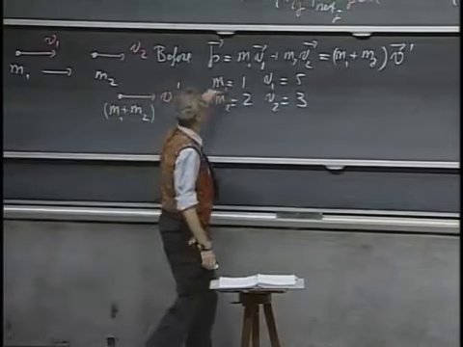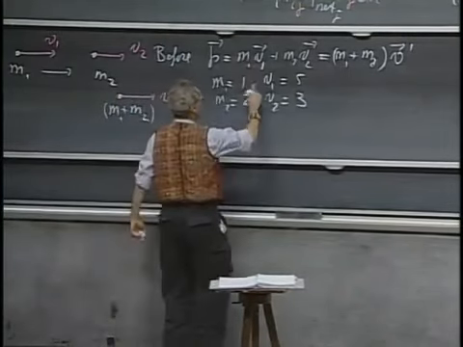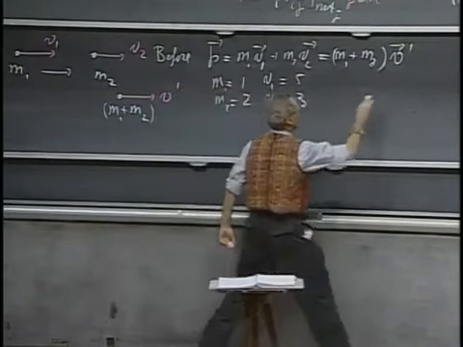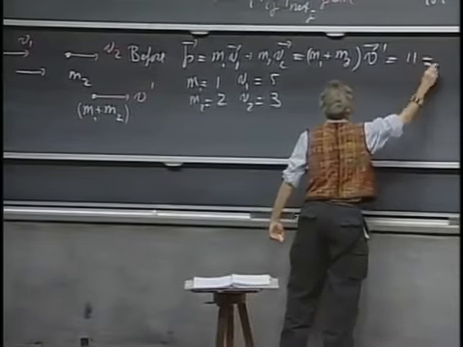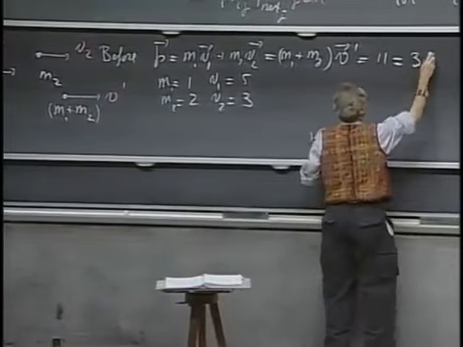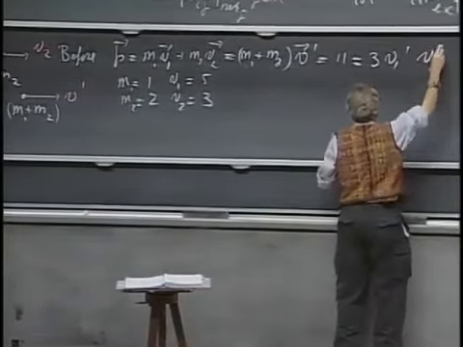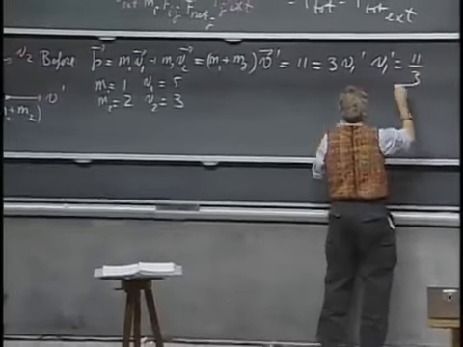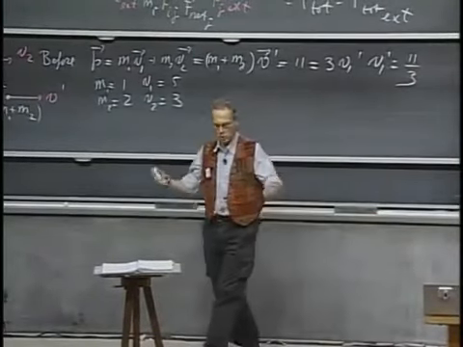Since they're both in the same direction, the momentum here is 5 plus 6, which is 11. And 1 plus 2 is 3, so that is 3 times v prime. And so v prime is 11/3 meters per second. So the conservation of momentum tells you what the speed is after the collision.